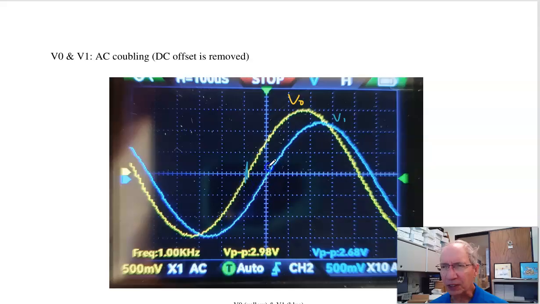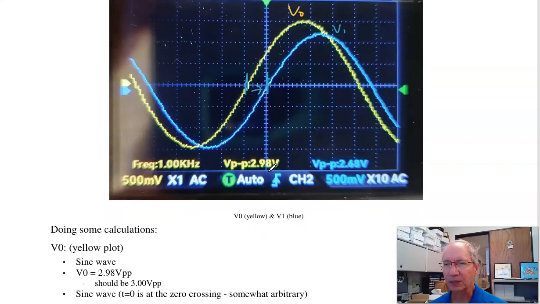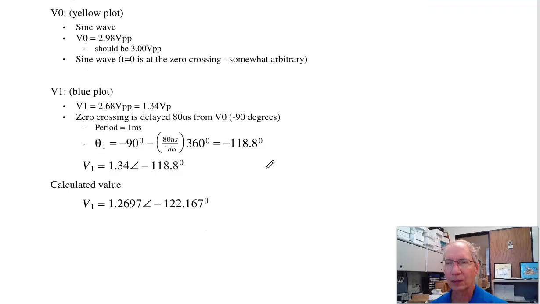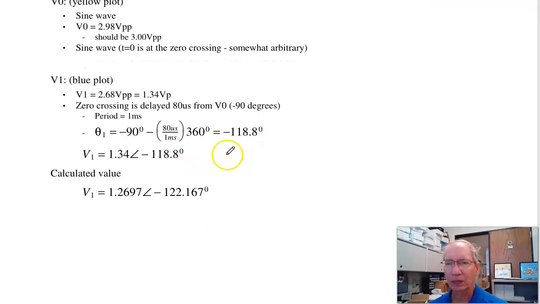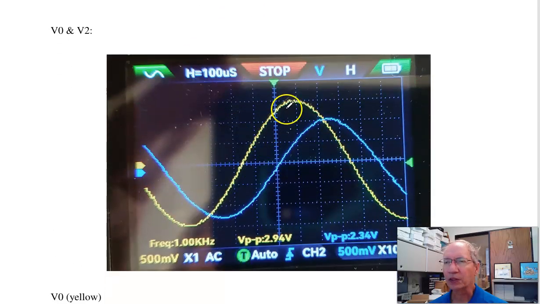Here's one zero crossing, there's the other zero crossing. Here's the delay. As a function of the period, it is 1, 2, 3, 4, 5, 6, 7, 8, 9, 10 divisions. So the delay is about 1 division out of 10. And likewise for V0 and V2.